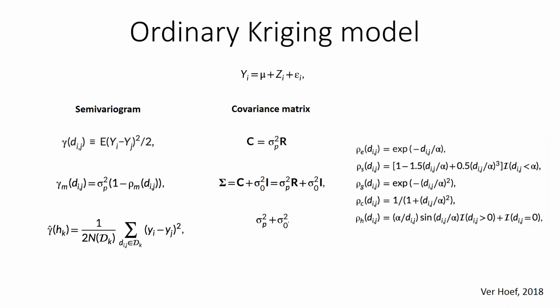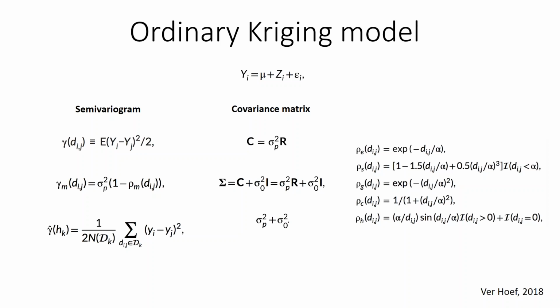The last equation under the semi-variogram column is the empirical semi-variogram function, which is an unbiased estimator and has many good estimation properties. If you substitute the Kriging model, you can see the mu cancels out, which is pretty good. You don't have to estimate the mean. We can also express the Kriging model in terms of a covariance matrix.